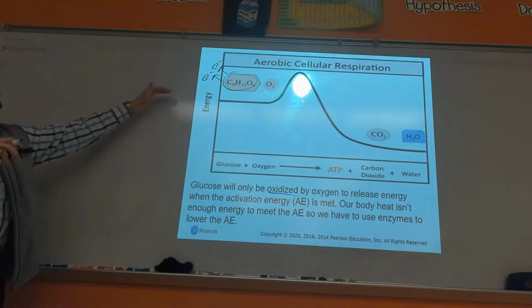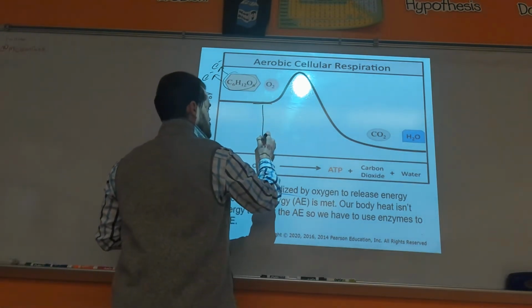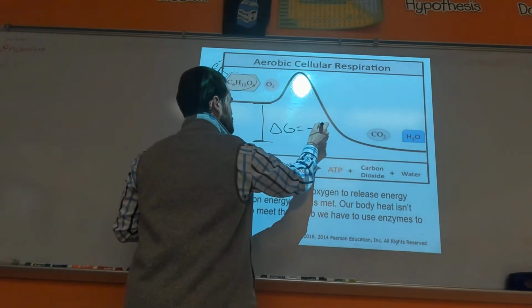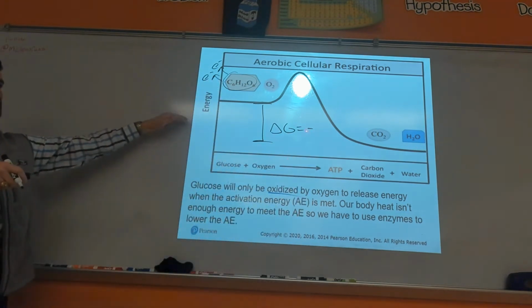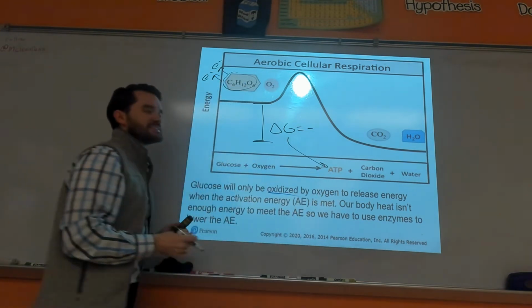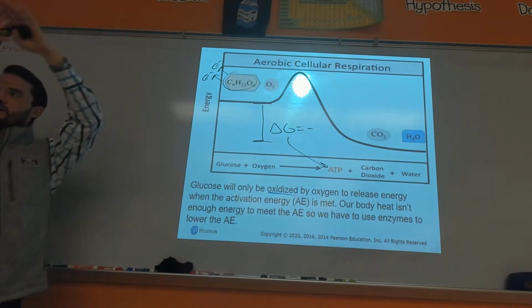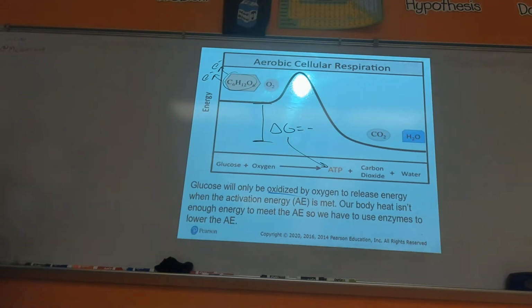And when we do that, we will release a bunch of energy. How much energy is your delta G, which is a negative number, and then that energy release, we can fuel to make ATP. That's the big picture view of what we're trying to do in cellular respiration.